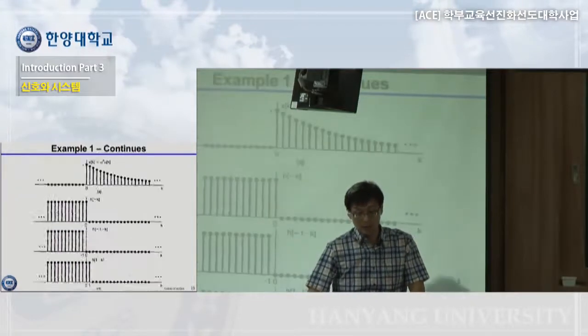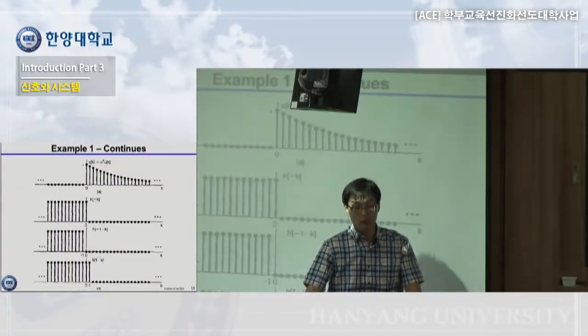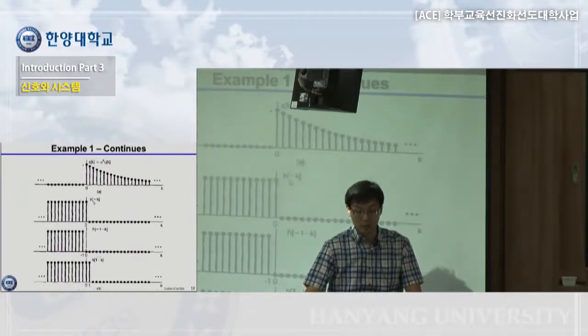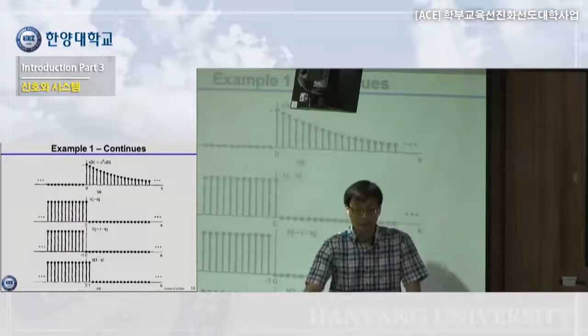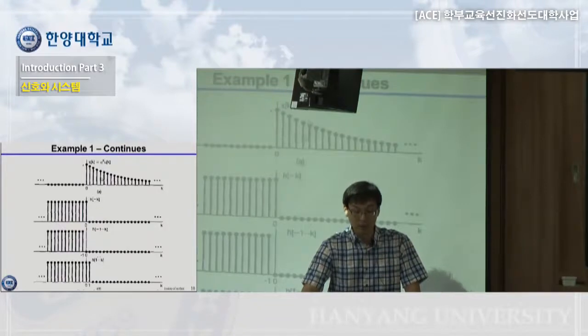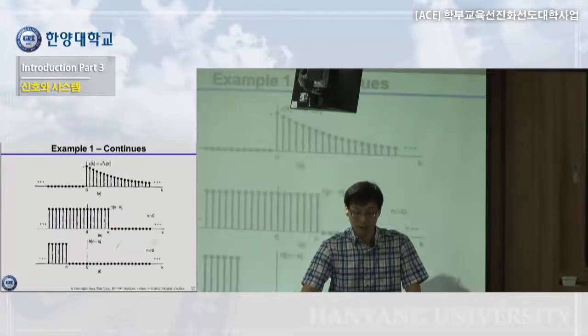Then depending on n, we shift this one. This one is when n is 0. This is the case that n is minus 1, n is 1. So we keep on moving depending on n. We multiply this by this to find the value at n equals 0. Multiply this by this to find the value at n equals minus 1. Multiply these and add them together to find the value at n equals 1. And that's the final value.